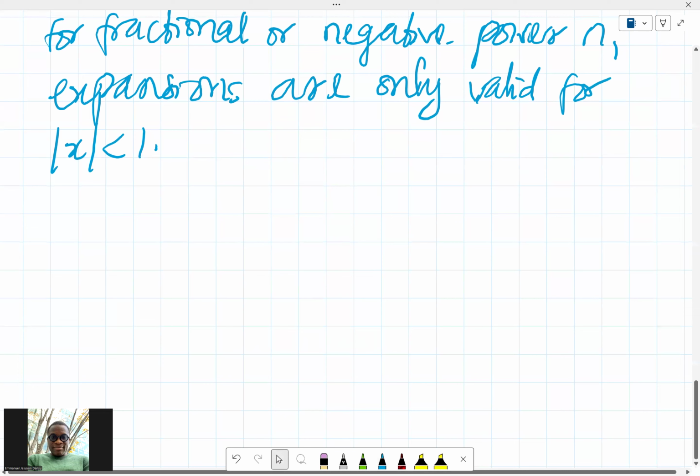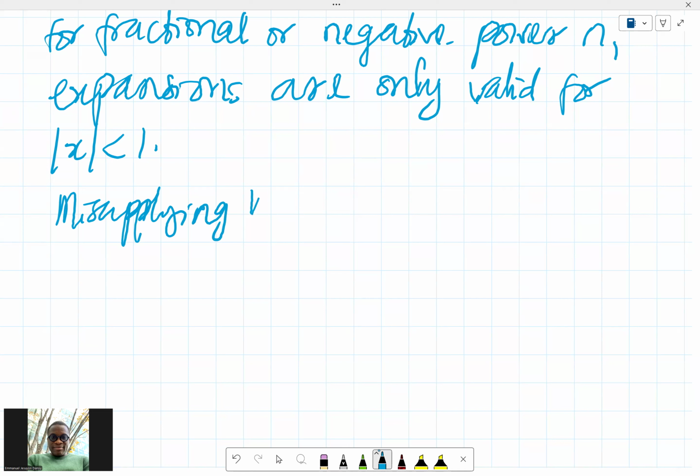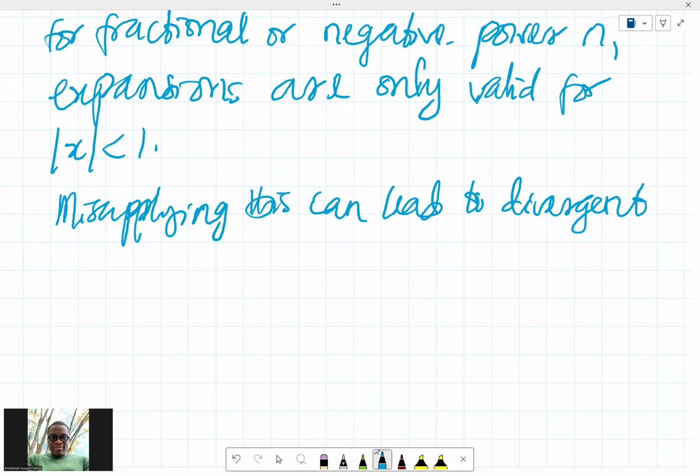So misapplying this can lead to divergent results. If x is not within this range, you can easily get into some trouble.